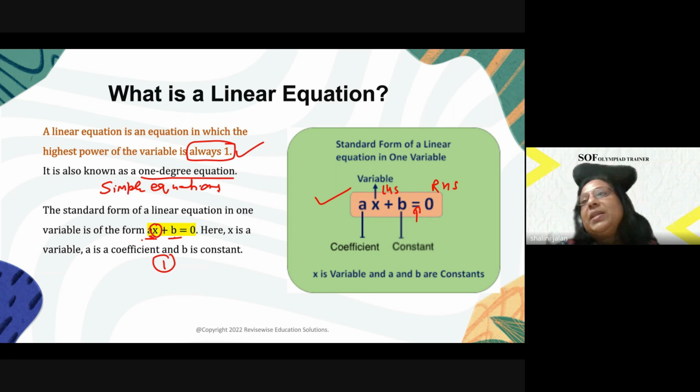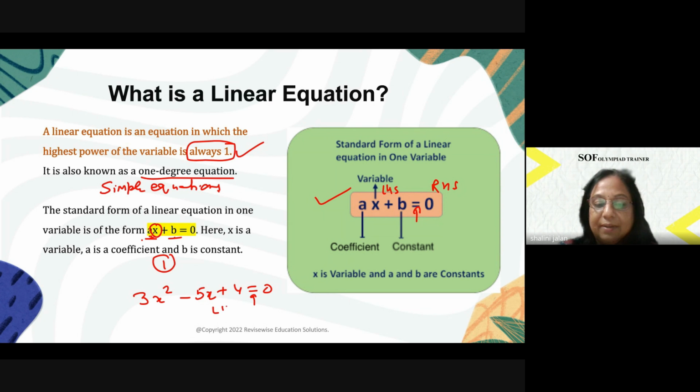Linear equation means, see, we could have this format also. Let me show you. You must have seen this: 3x square minus 5x plus 4 is equal to 0. This is an equation, right? We have an equal to sign here. We have a left-hand side. We have a right-hand side. But is this a linear equation? No, this is not a linear equation.